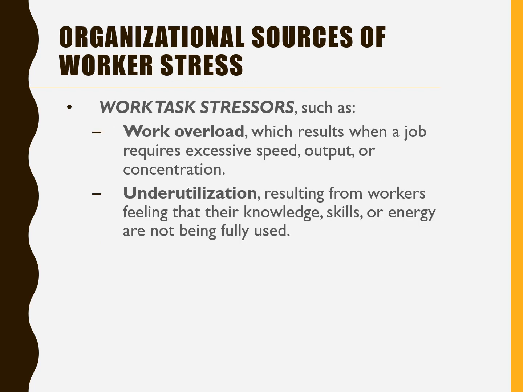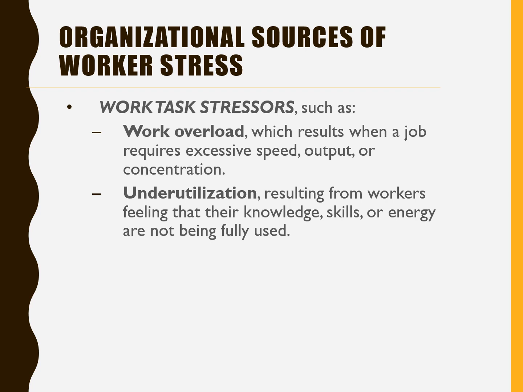Examples of work task stressors. The first one is work overload. This will result when the job requires excessive work speed, output, and also concentration. The second one is underutilization.